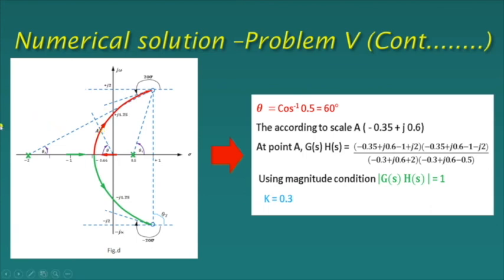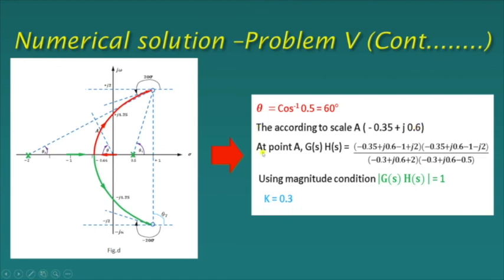According to this scale, find the point A on the root locus. So this is the x-axis point and this is y. That means this is the imaginary part and this is the real part. So from this scale, the real part is minus 0.35 and the imaginary part is j 0.6.